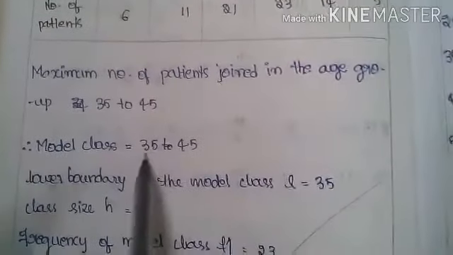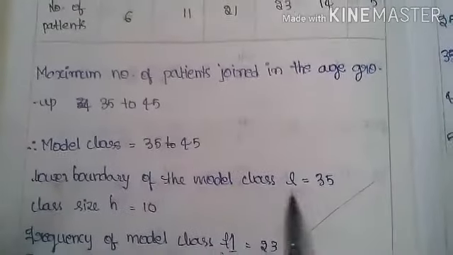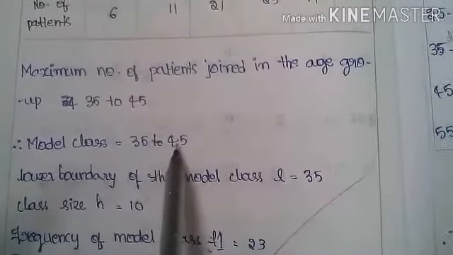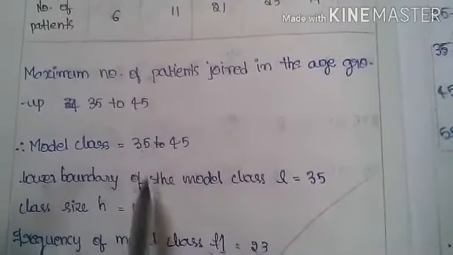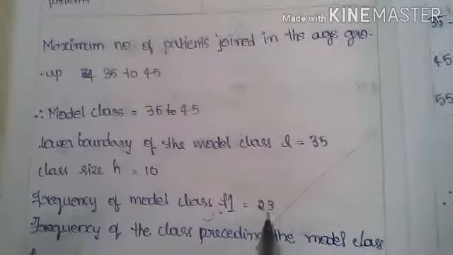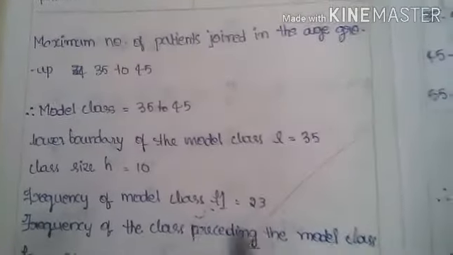The least value can be taken as the lower boundary, and the difference 45 minus 35 will give 10. 10 is the class size. The frequency of the modal class, f1, is equal to 23, which is the highest frequency of the given data.